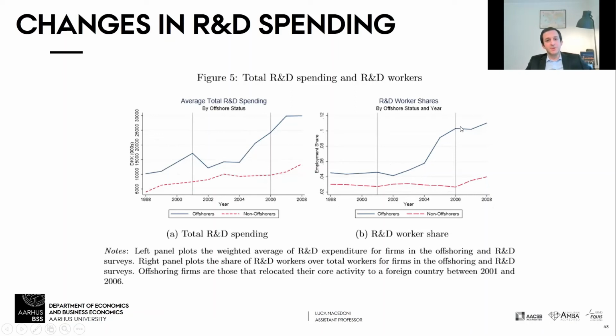This is beautiful because it is perfectly in line with the models that we saw, in particular the Feenstra-Hanson model. Here we have the firms that start offshoring, and what happens to them? They become more high skill intensive. How? They spend more on R&D, and they hire more R&D workers relative to the total number of workers.